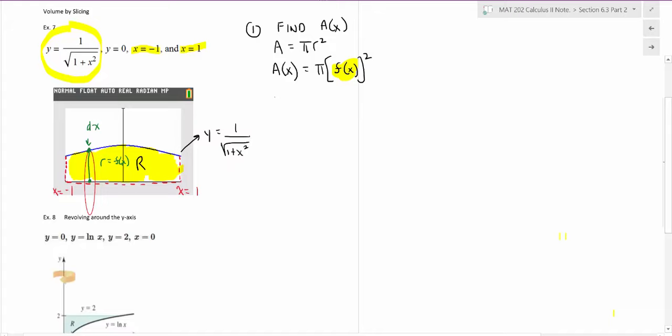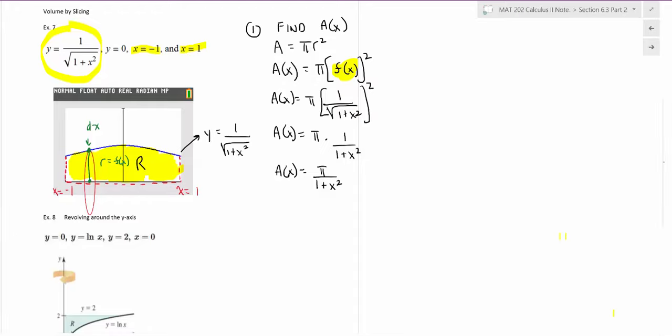So I'm going to replace this and get A of x is equal to pi times the square of 1 over square root of 1 plus x squared. We're going to square the radical, so it's going to go away, and we'll get A of x equal to pi times 1 over 1 plus x squared. So I'll just rewrite that function as pi over 1 plus x squared. That is the mathematical expression that gives the area of this circle.